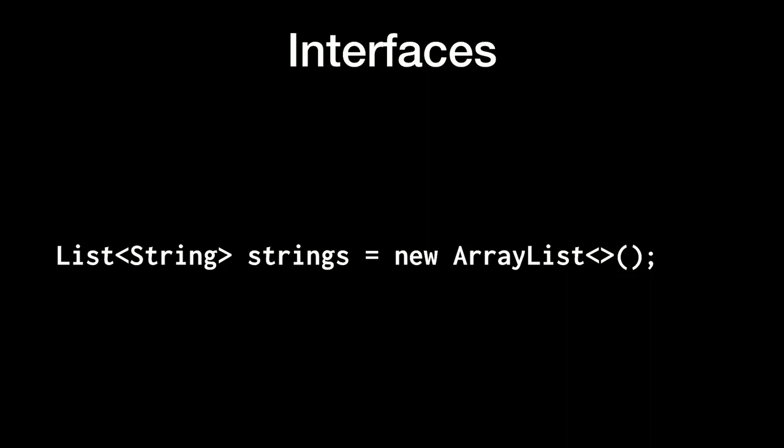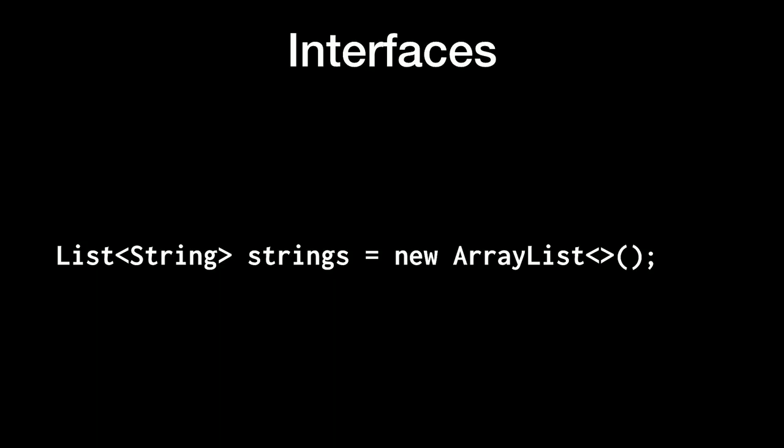So that's why the left and the right-hand side are different. The left-hand side is basically a more general thing saying some type of list, it could be anything, but as long as it implements a list, we're okay, because we're only going to be using methods that are defined in the list interface. And then on the right-hand side, ArrayList is a concrete class that implements the list interface.